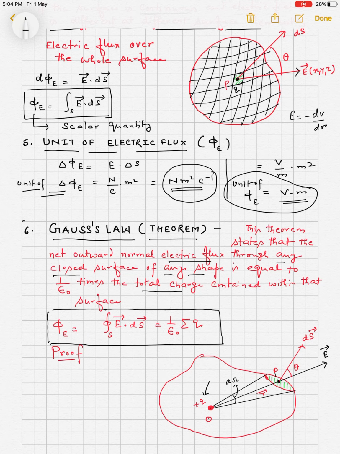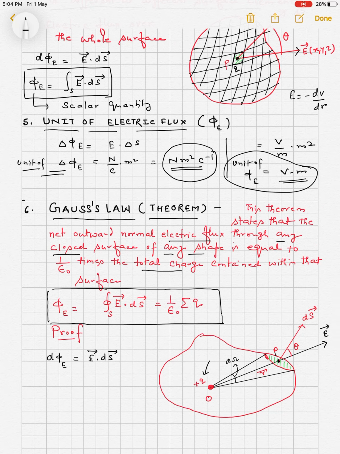As we have seen above, first of all we will find d phi E, that is electric flux through a small element. It is E vector dot ds vector.